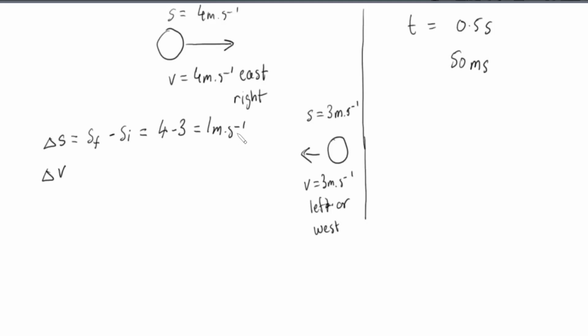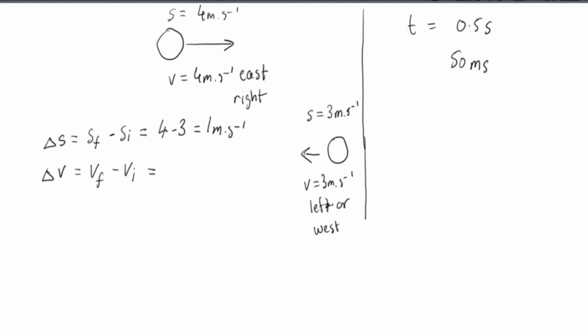What about our change in velocity? Well, that's a little bit more involved. From our equation, we see that the formula for the change in velocity is equal to Vf minus Vi, which is the same as saying the final velocity minus the initial velocity. And because now we're dealing with velocities, which are vectors, we need to find a mathematical expression for the directions in which this ball is traveling.